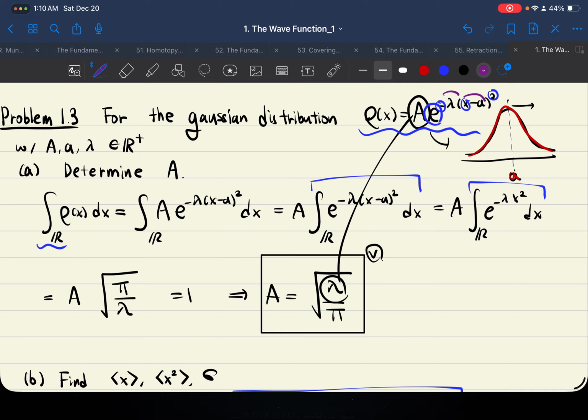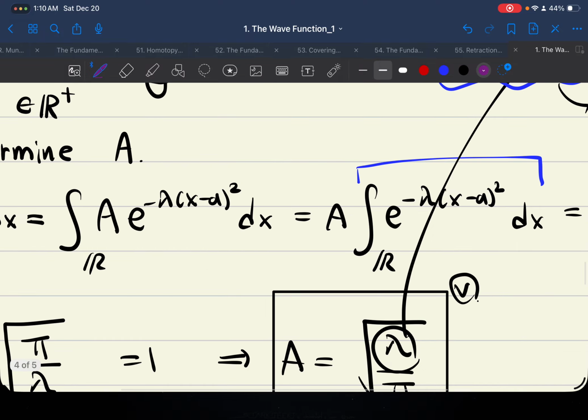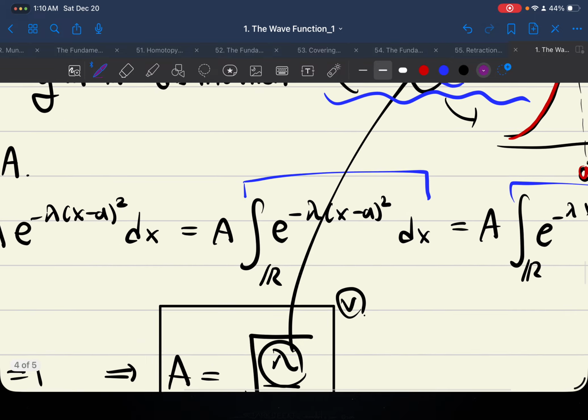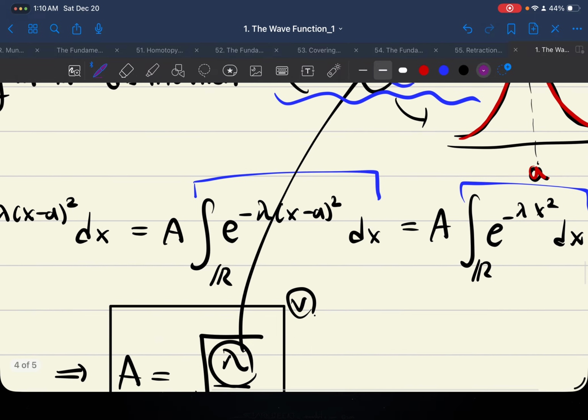What does it mean by normalization? If we integrate rho(x) over the whole space, we get 1. So here, the integral over R of rho(x) dx equals the integral over R of A times exponential of minus lambda (x minus a) squared dx.